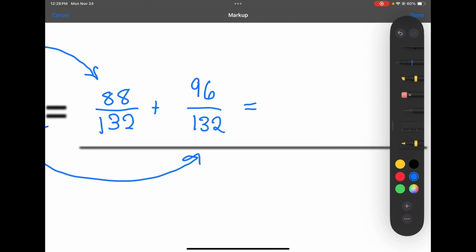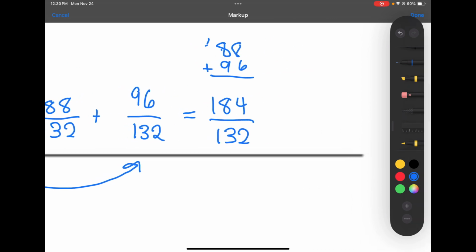And then if we add that up, 88 plus 96, we get 4. Carry the 1. 1 plus 8 is 9, plus 9 is 18/132. This is an improper fraction, so we have to subtract that amount.